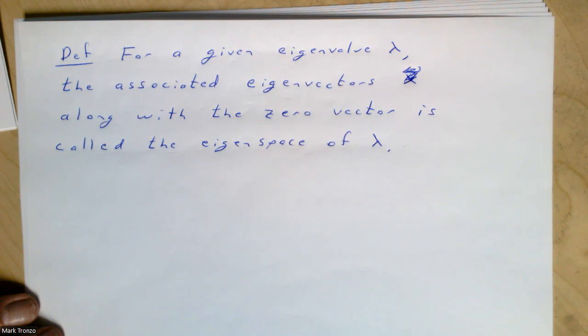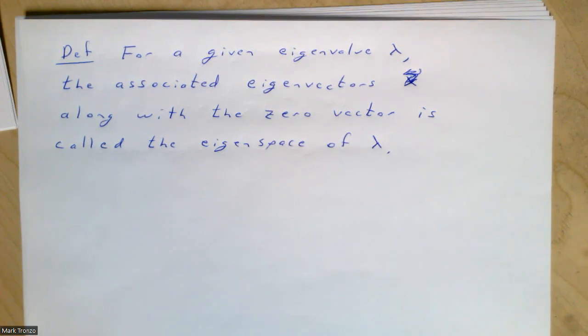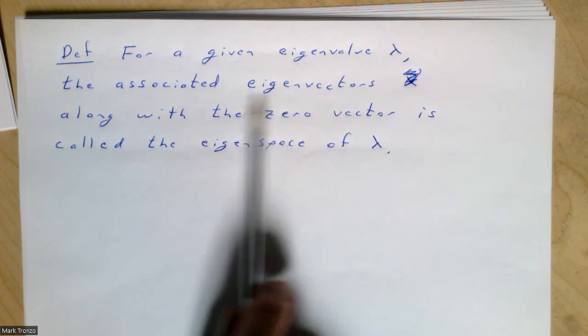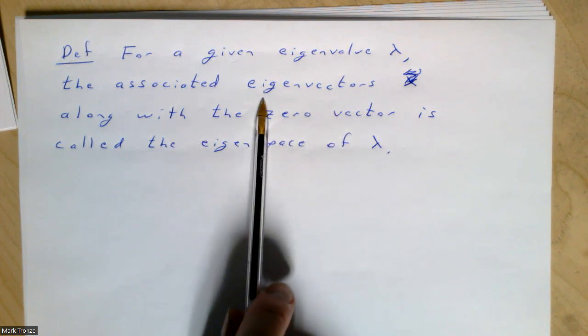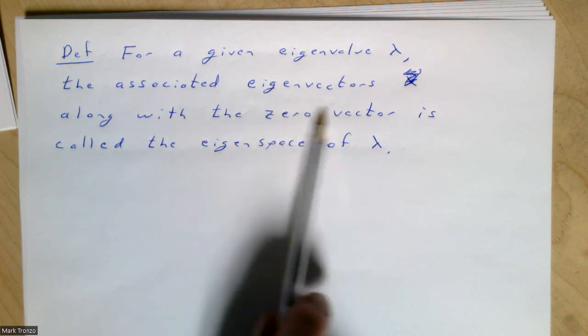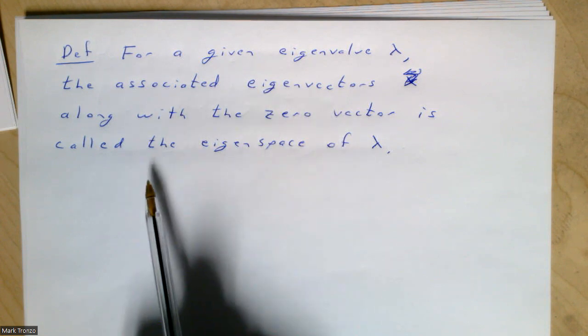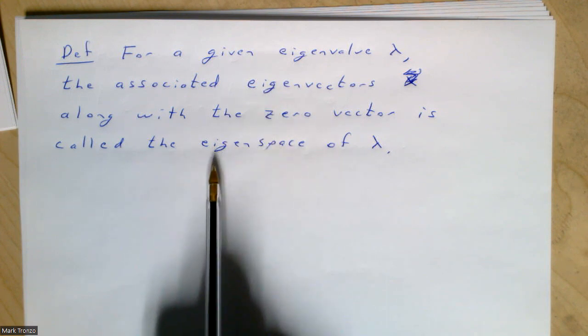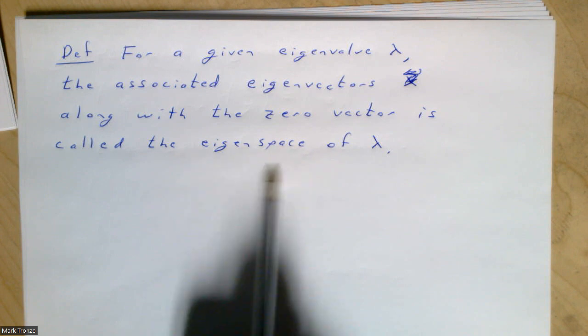In other words, all the eigenvectors together. Remember, any scalar multiple of an eigenvector will give you an eigenvector, so you'll have an infinite number, along with the zero vector, called the eigenspace. So these eigenvectors make up a vector space.